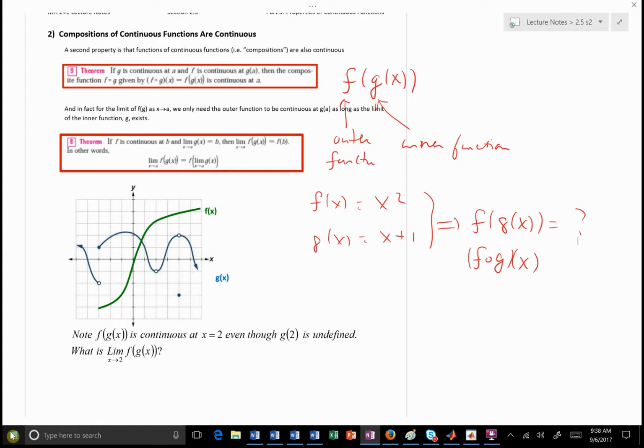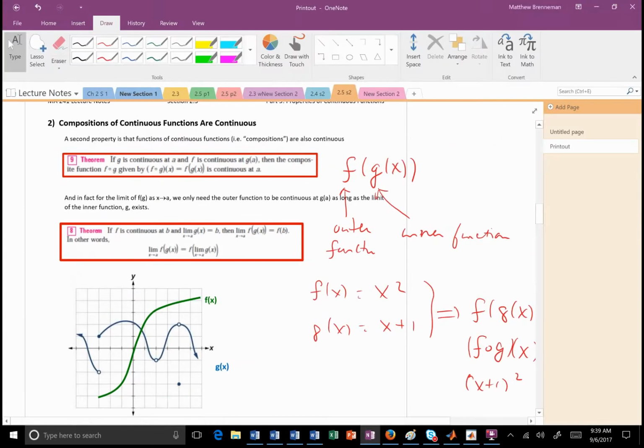F of x is x squared, so whatever's inside of this gets squared. Well, what's inside of it? What's inside of another function? x plus 1. Right? It just becomes x plus 1 squared. So that's the idea. This is the inner function, x plus 1.